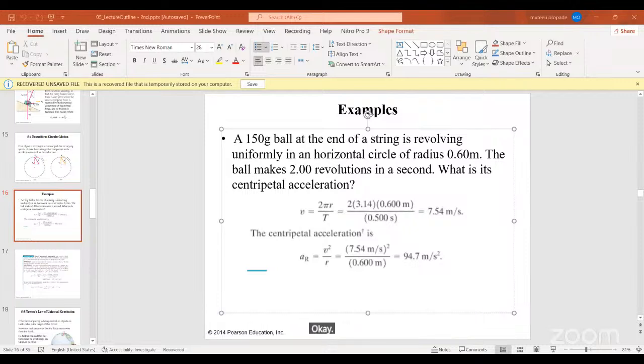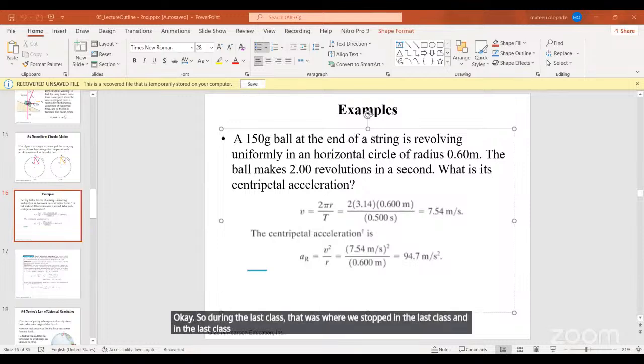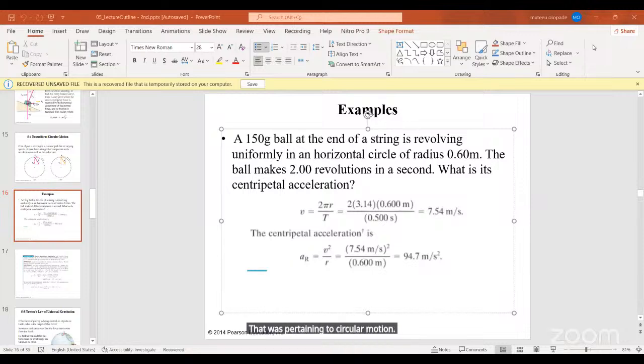During the last class, that was where we stopped, and we solved some problems pertaining to circular motion.